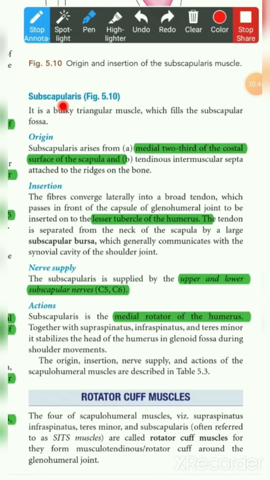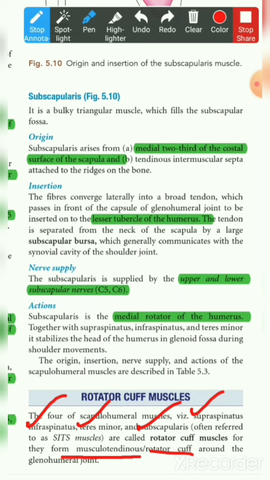Now come to the rotator cuff muscles. We already discussed in the first class what the muscles of the rotator cuff are. There are four muscles together called the rotator cuff. These are the supraspinatus, infraspinatus, teres minor, and subscapularis. These four muscles are called rotator cuff muscles, and another name is musculotendinous cuff or rotator cuff.